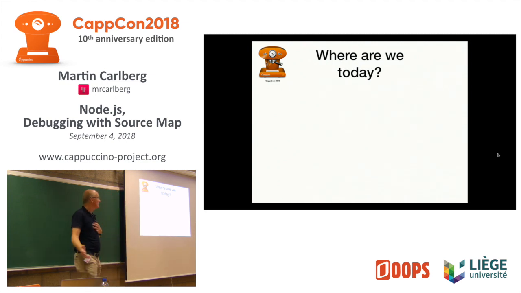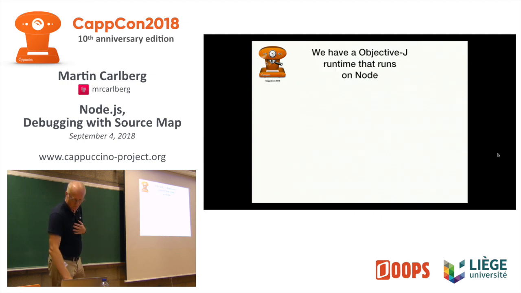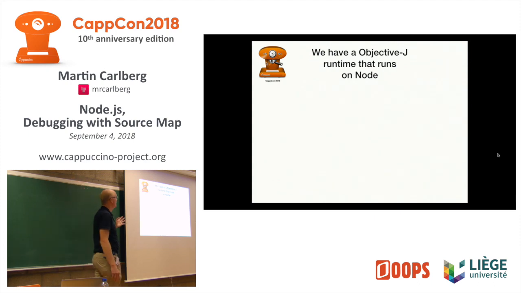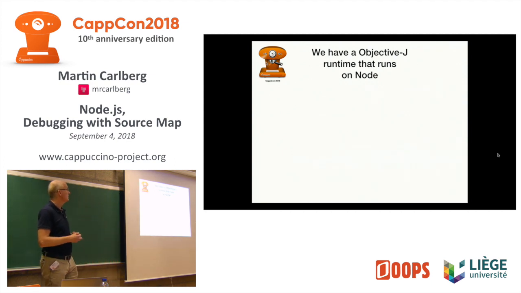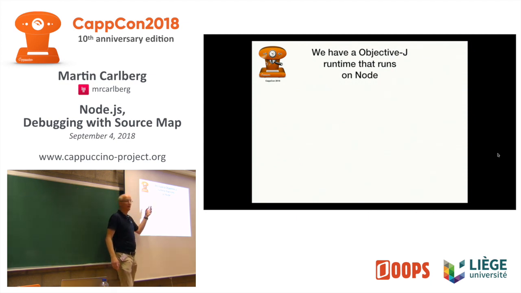And then where are we today with this? The thing is, 2 years ago, when we had the last CappCon, I showed you an Objective-J runtime that ran on Node.